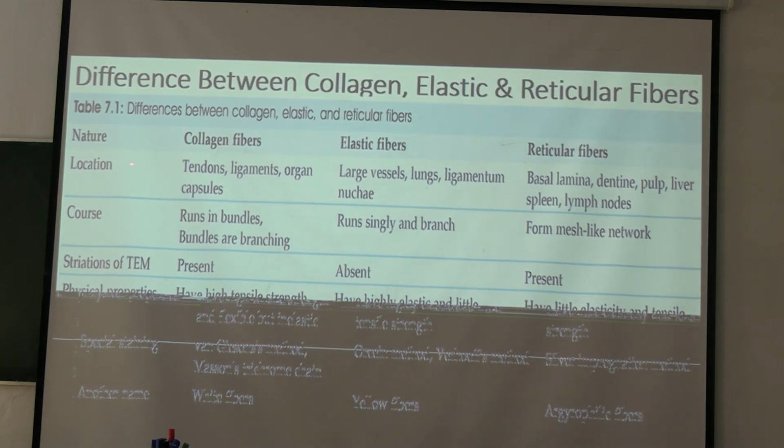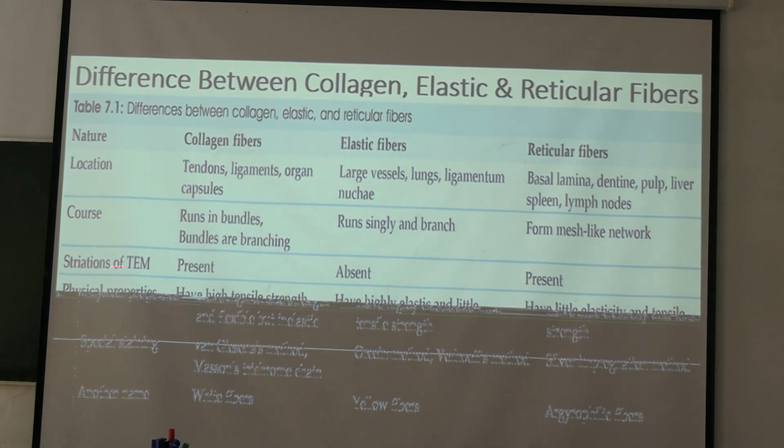The course of collagen fibers is in bundles, and the bundles are branching, while elastic fibers run singly and branch. Both of them take pink color. And reticular fiber, this type 3 collagen fiber, takes silver staining and forms a mesh-like network. You have seen in liver tissue reticular fibers forming the mesh, and within the mesh the liver cells, hepatocytes, are lying.